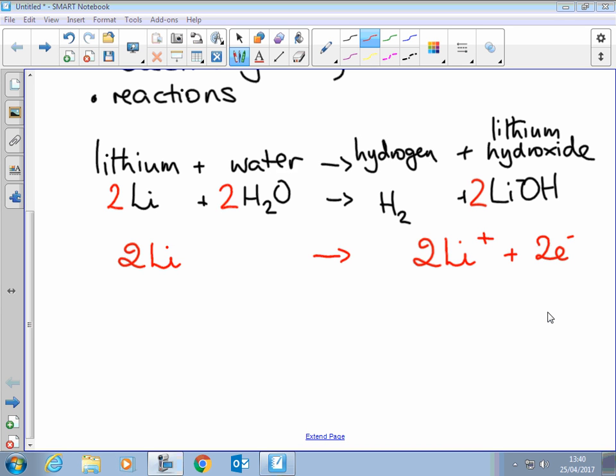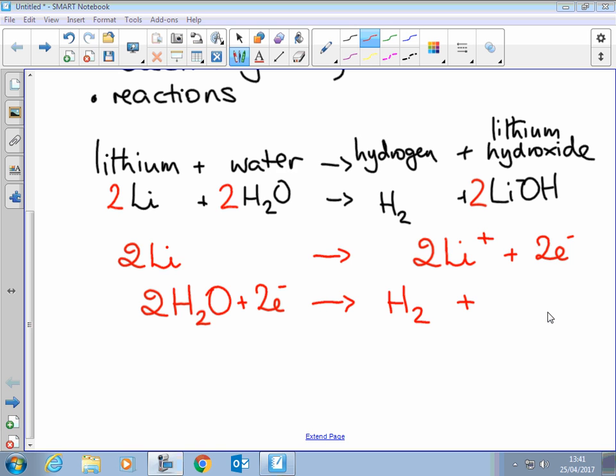So how am I going to write this? I think the only way I could do it, just for the sake of completeness, is if we take what we've got over here and add 2 electrons on this side. What we can then make out of this is our H2, and what will be the other thing that I will need to write? Not OH2 minus, but you're close.